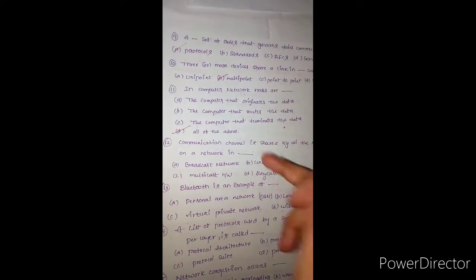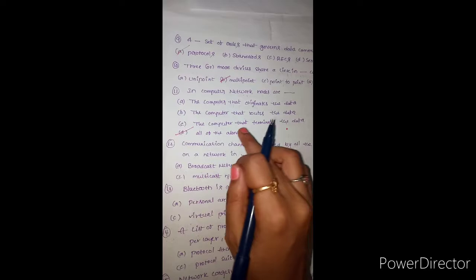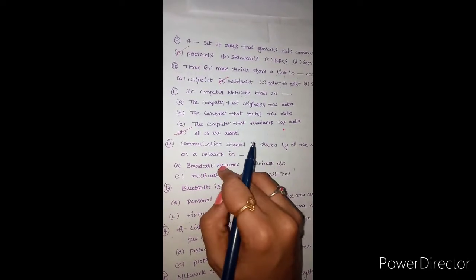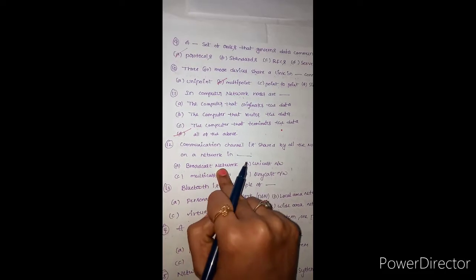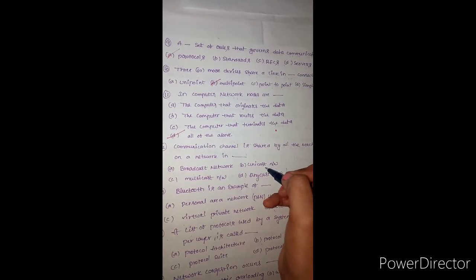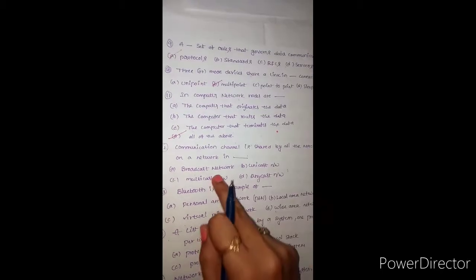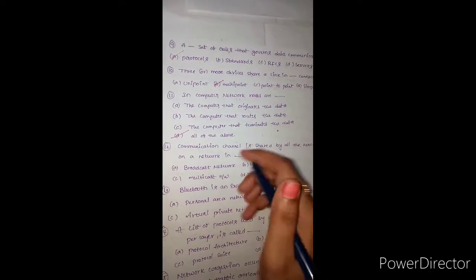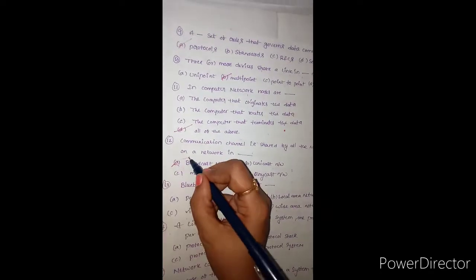In a broadcast network, information is sent to all stations in a network, but unicast shares the information with a specific station. The multicast network sends to a group of stations. So the answer is broadcast network.